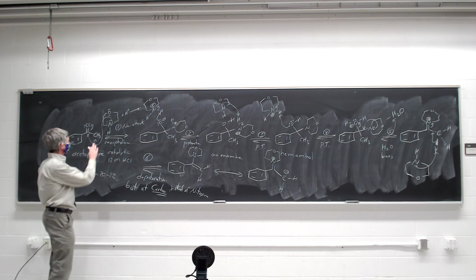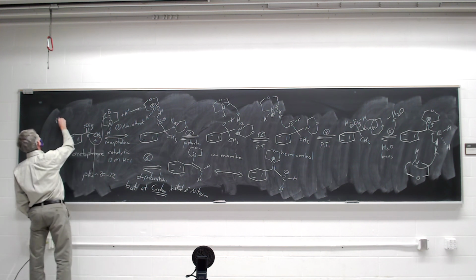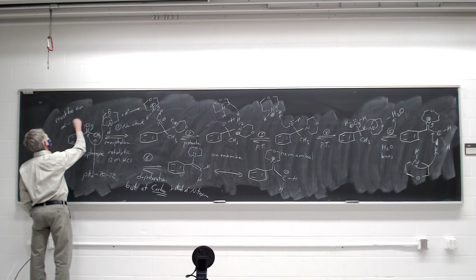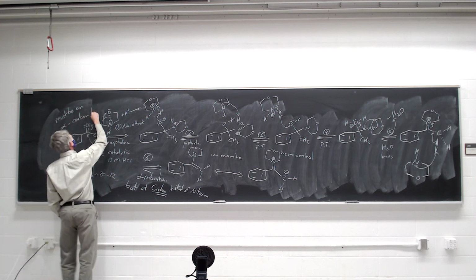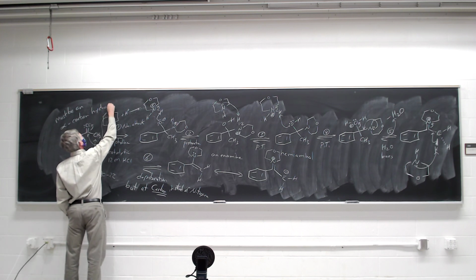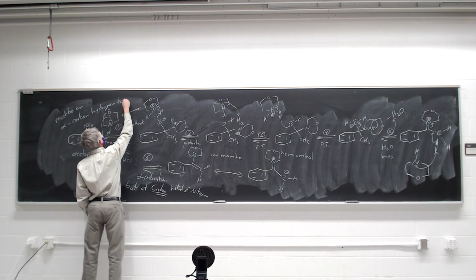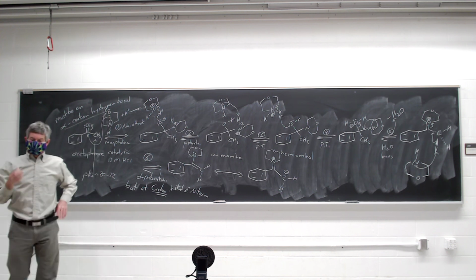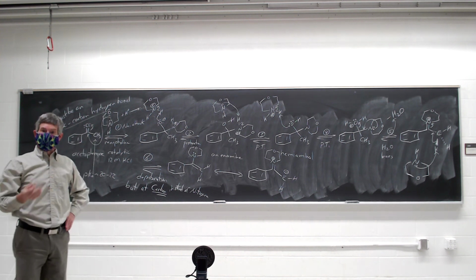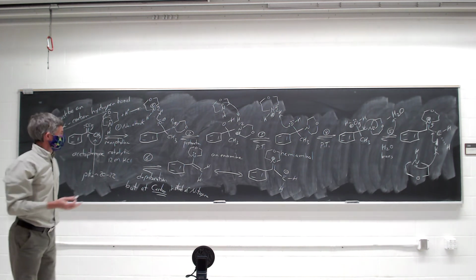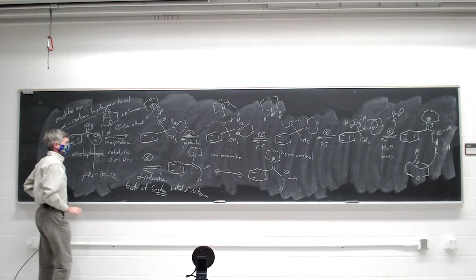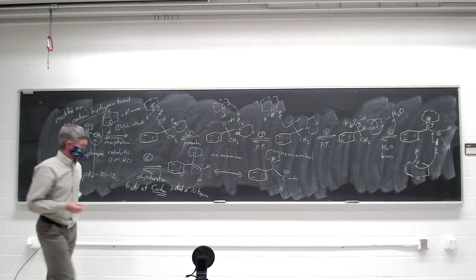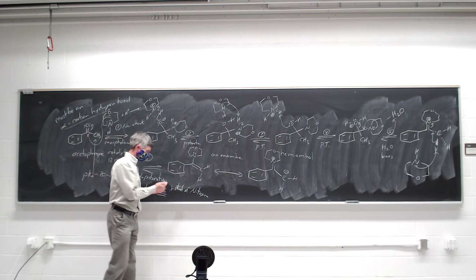It requires an alpha carbon. And in fact, it requires an alpha carbon-hydrogen bond. There's got to be what we call an enolizable hydrogen, something attached to the adjacent carbon.